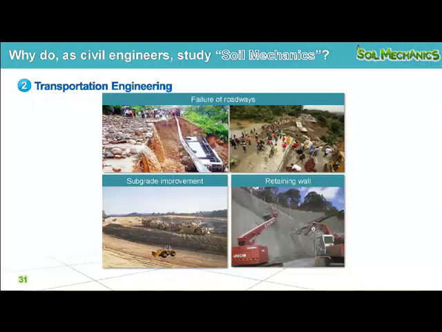This picture also shows us a failure of a roadway, due to water flowing through the roadway or through the soil. This happens generally in mountain areas that have water flowing across the roadway and cutting out the roadway.